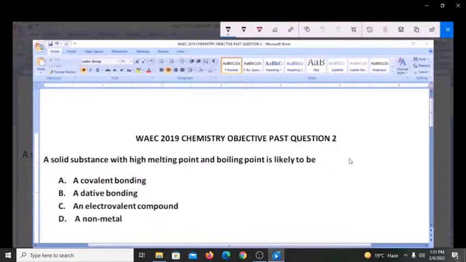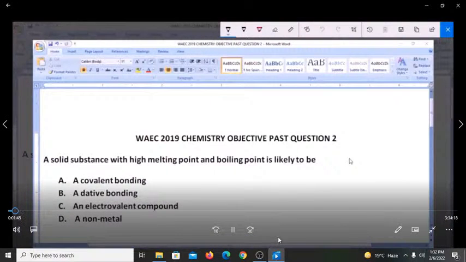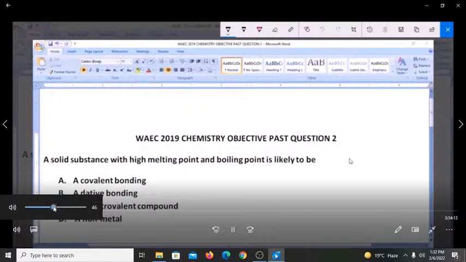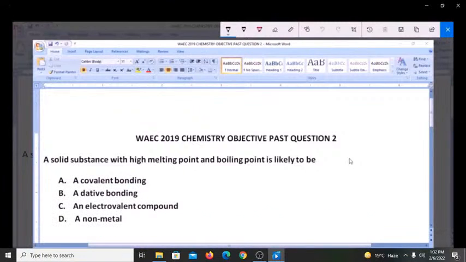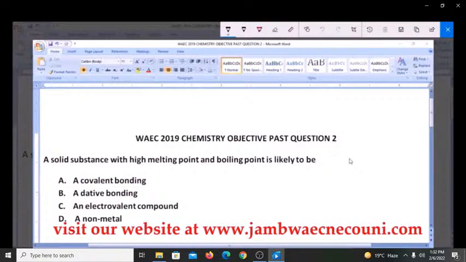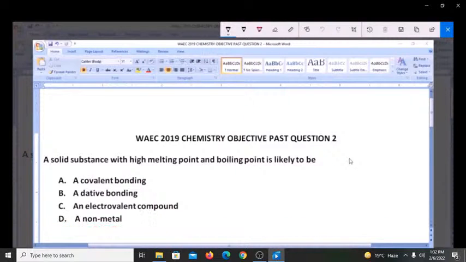So any type of bond where you have the electrons being shared in order for both constituent atoms to achieve their octet or duplet states, as the case may be, is a covalent bond. A popular example is a water molecule, in which each hydrogen atom shares an electron with the oxygen atom.